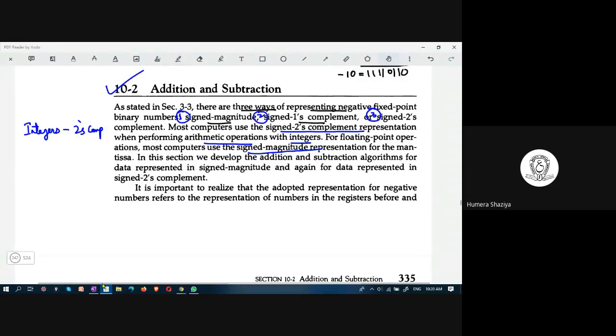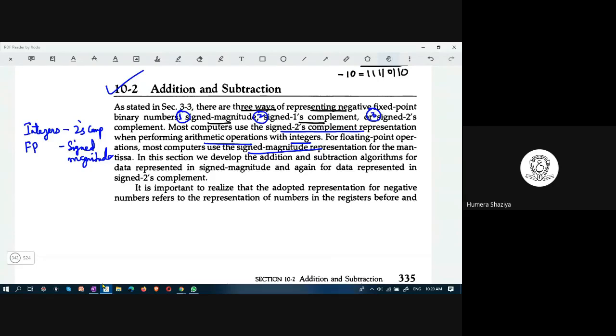For floating point numbers, typically systems use signed magnitude. Signed magnitude for the mantissa. All right.